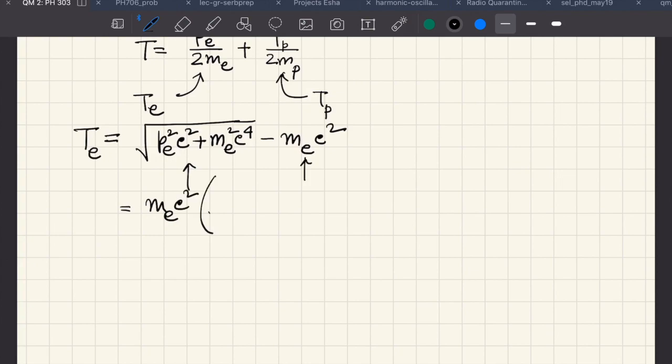and then we have, suppose, the square root of 1 plus Pe squared by me squared c squared, minus 1.